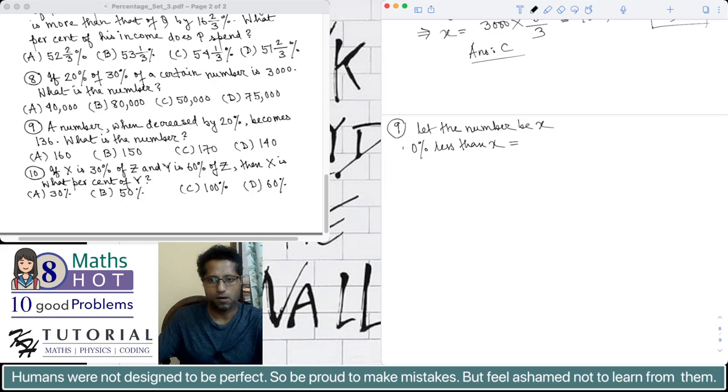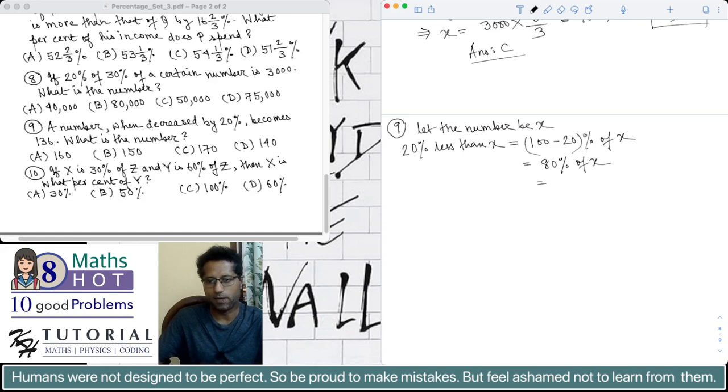So if we have assumed that number to be x, then what will happen to the value of x after a 20% decrease? It will be 20% less than x, which is equal to 100 minus 20% of x. This is equal to 80% of x.